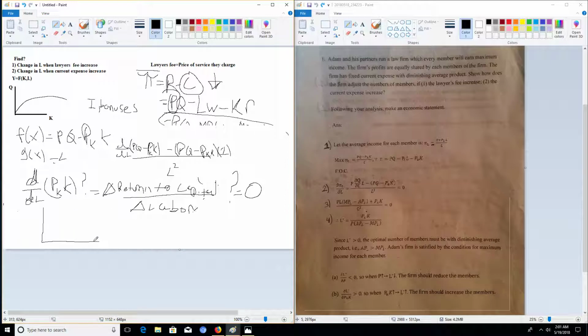this? We have this isocost line, isoquant, and at this intersection we have K and L, this is L sub 1 and K sub 1.